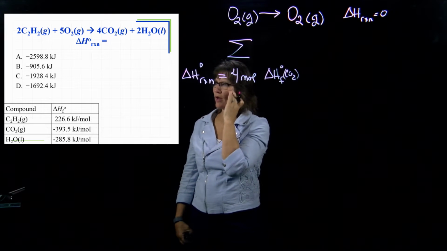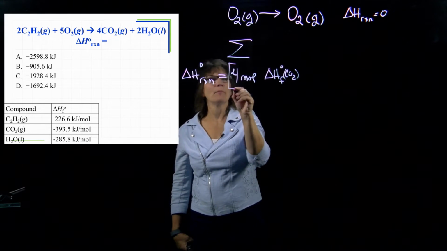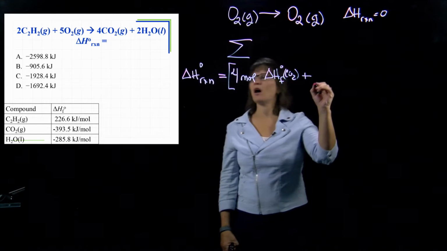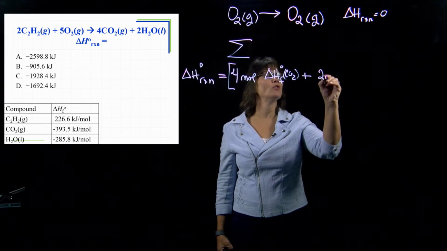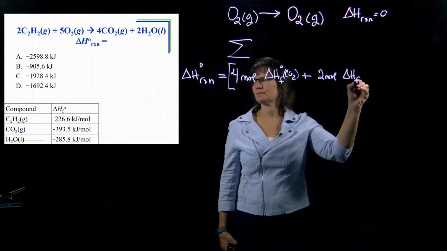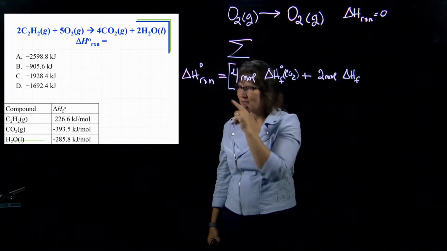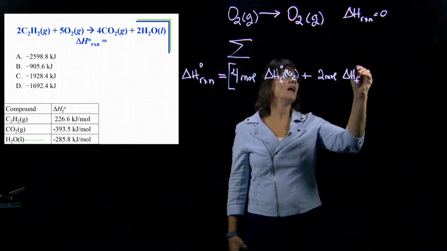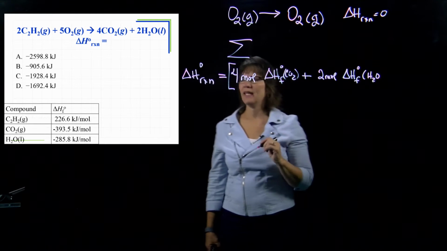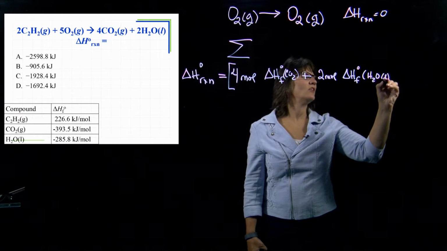That's the first product. We are adding these up. So then we're going to add to that 2 moles of the delta H of formation, I'm sorry, it's not oxygen, it's water. The delta H of formation of the H2O, and it is a liquid in this case.